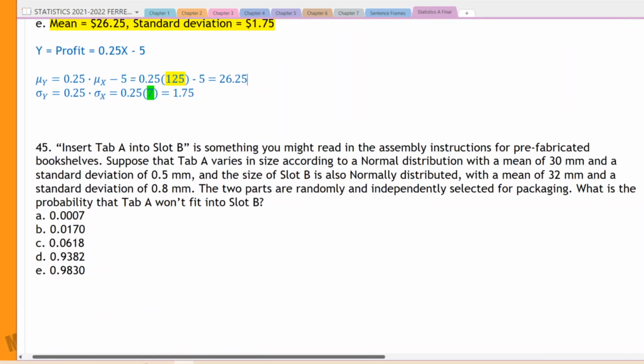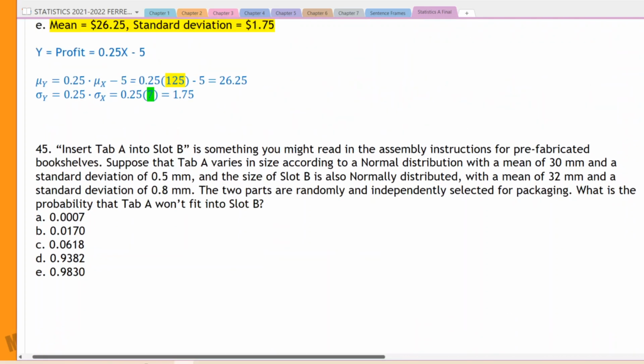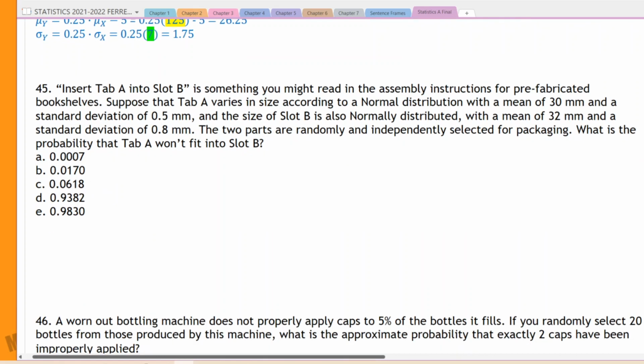Taking a look now at 45, we have: insert tab A into slot B is something that you might read in the assembly instructions for prefabricated bookshelves. Suppose that tab A varies in size according to a normal distribution. There's that normal word.